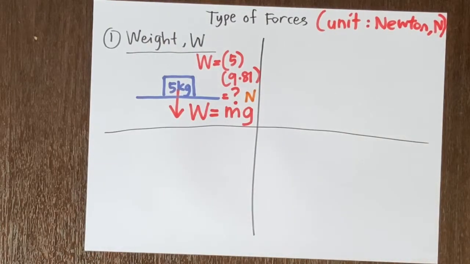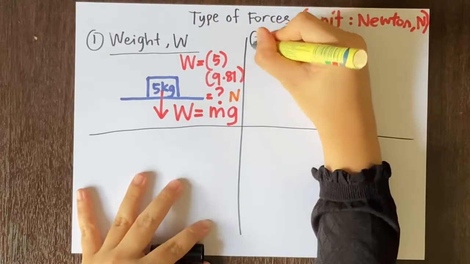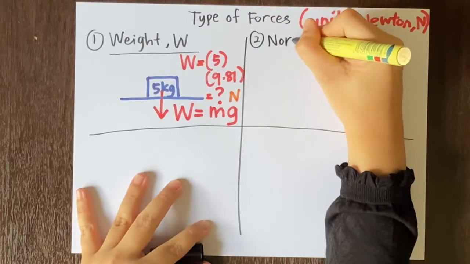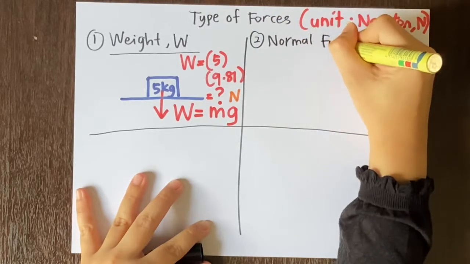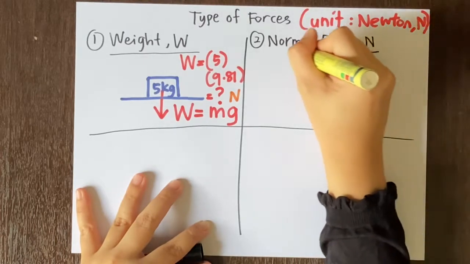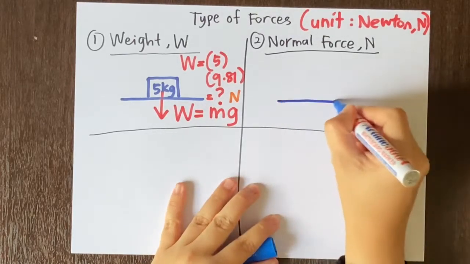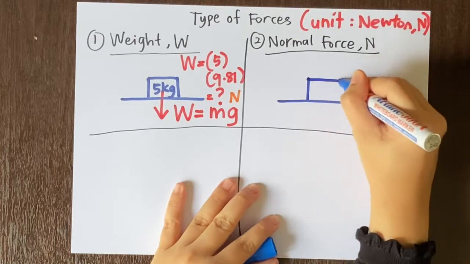That's the first force. Now we move to the second force. The second force is the normal force, with the symbol N. So what is normal force? This is the surface, this is the object.